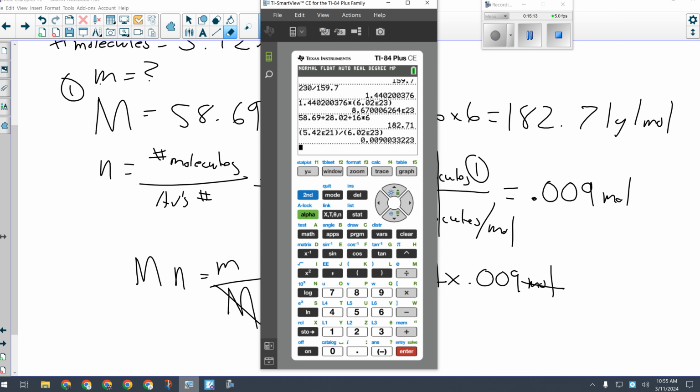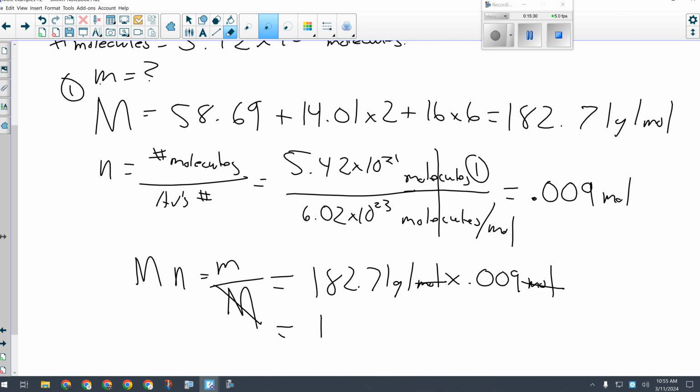So I multiply that number by that number. Now I can round off. My final answer is 1.64 grams. So I'd get a mark for the manipulation here, and a mark for that. So we'd be looking at 5 marks, because you get a mark for your manipulation.